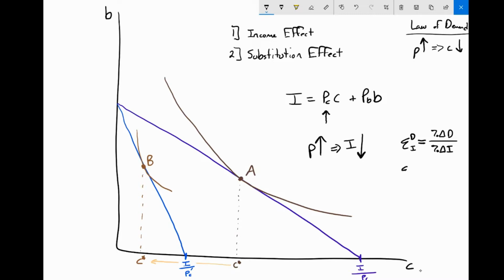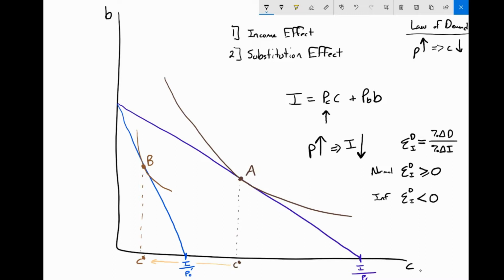Remember that for a normal good, an increase in income results in an increase in demand. So this would be a normal good. And for an inferior good, an increase in income results in a decrease in demand.